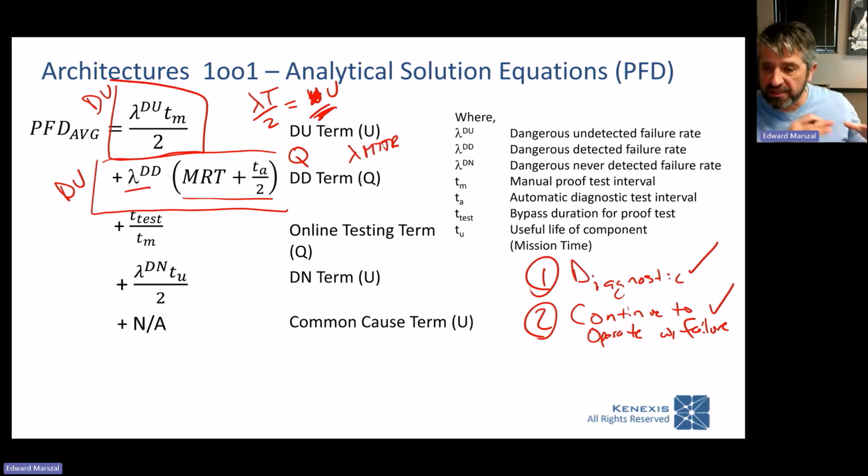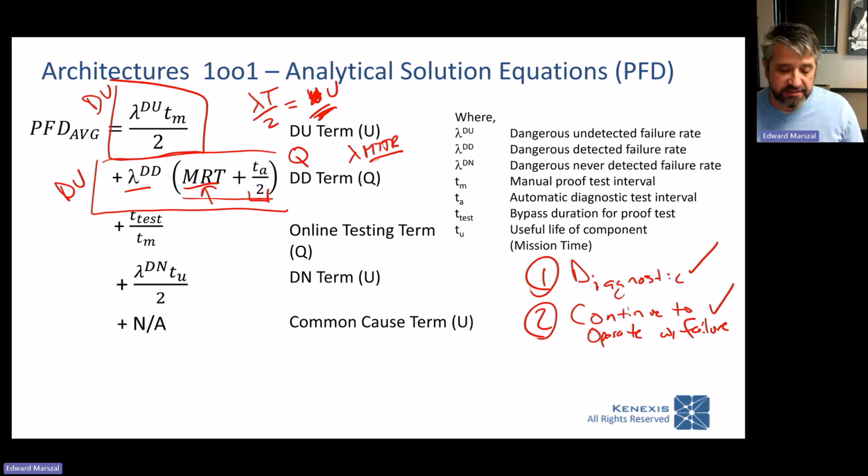So that term is an unavailability. Basically, it's what is the probability that it's going to be working, given that I can detect that it's failed and I can repair it mid-mission. Now, the mean time to restore is a little bit complicated because it includes two parts. The first part is the MRT.